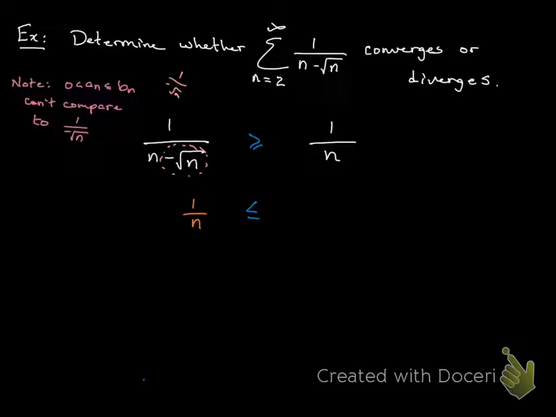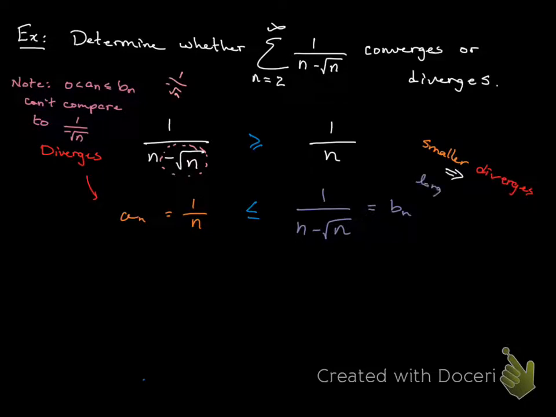So what I have is the harmonic series. That's my smaller series in this case, and I was using orange before, so I'll continue that. It's smaller than the larger series, 1 over n minus square root of n. That's my b sub n, a sub n. I know the harmonic series is divergent, and I have a smaller divergent series. That means the larger series should also diverge.